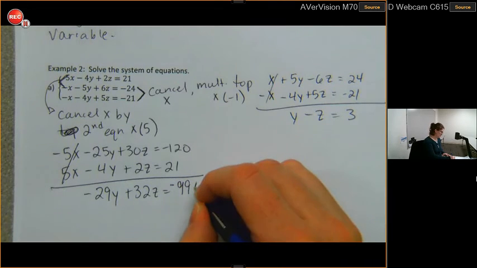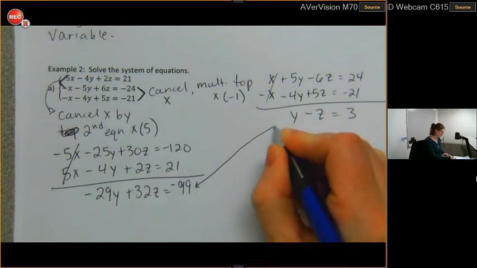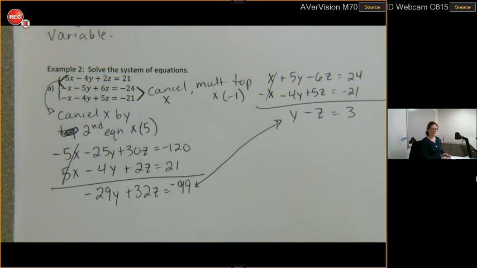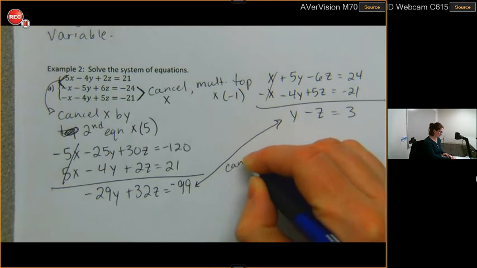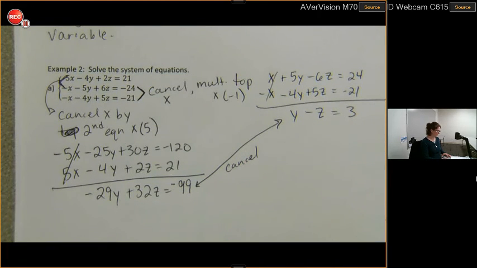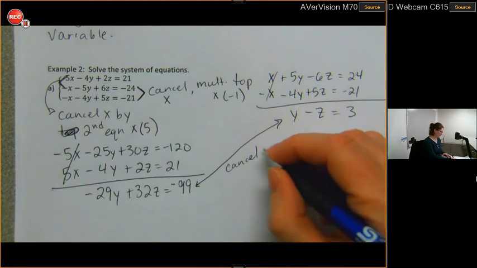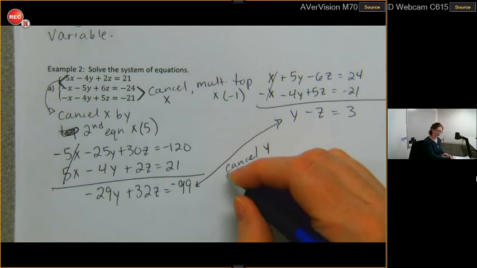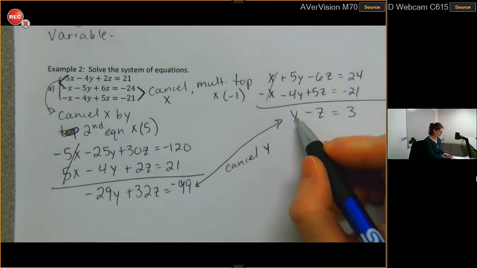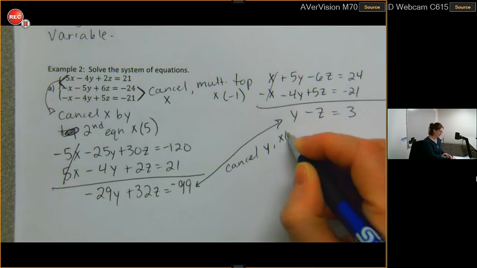Now I'm going to take this equation that I just made with that other equation that also has y and z, and I'm going to solve by elimination. So I'm going to pick the y or the z, it doesn't matter which one, I'll just choose y, and I'm going to take this equation and multiply it by 29.